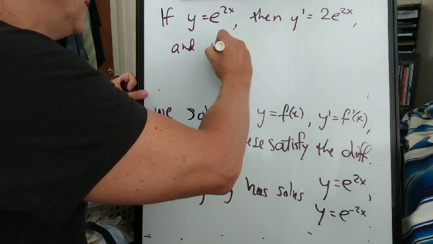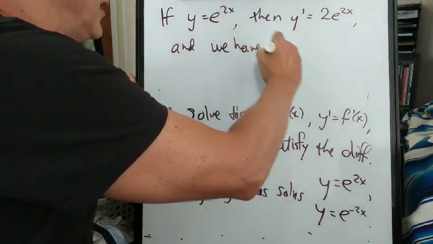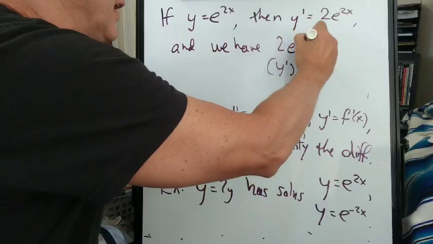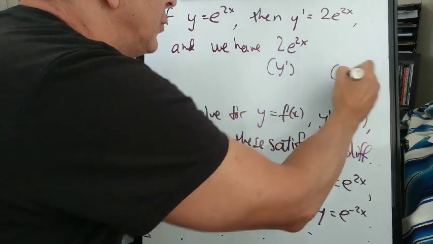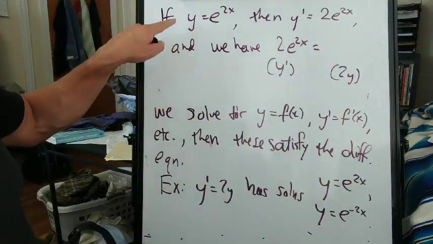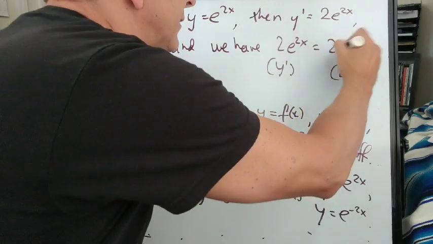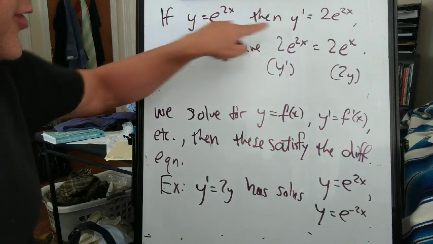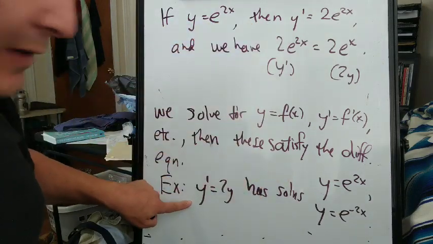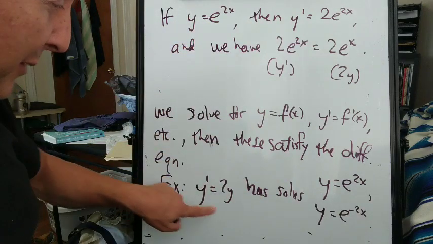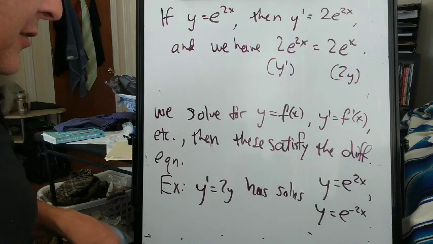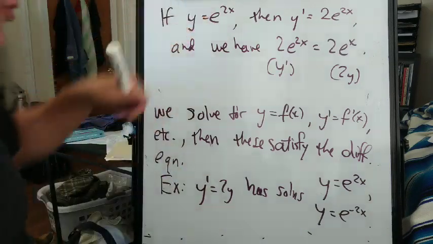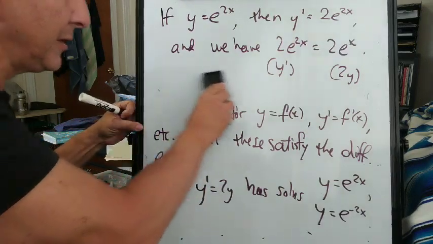So we have y prime here, 2e to the 2x, and 2y is 2e to the 2x. So yes, they're equal. So this function and its derivative satisfy this differential equation, y prime equals 2y. So we say that they're solutions. We say that y equals e to the 2x is a solution.